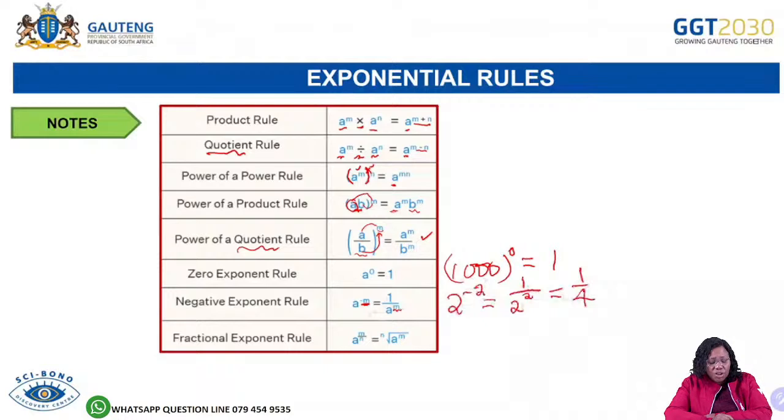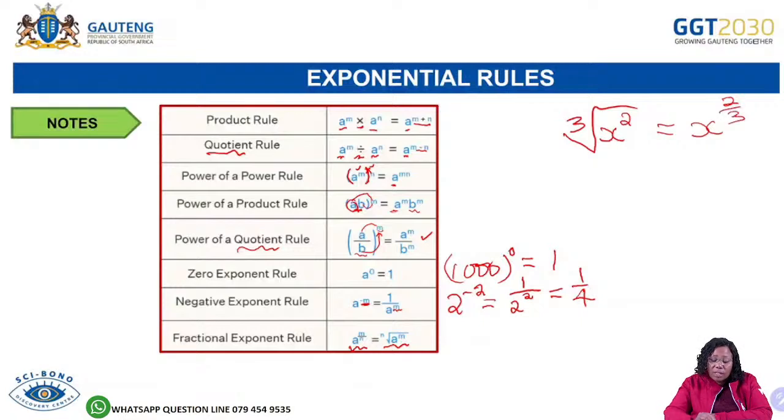And then there's a fraction exponent rule. Fraction is when you have rational exponents. You have a fraction on your exponent. So you can write this in surd form, or you can reverse the surd to exponential form. For an example, let's say I'm having the cube root of x to the power 2. This can be written as x to the power 2 over 3.